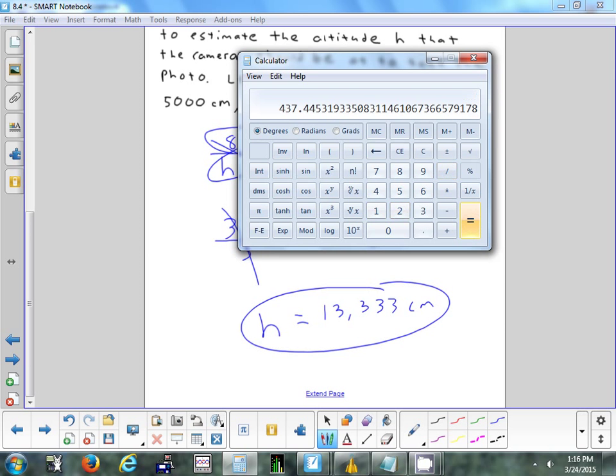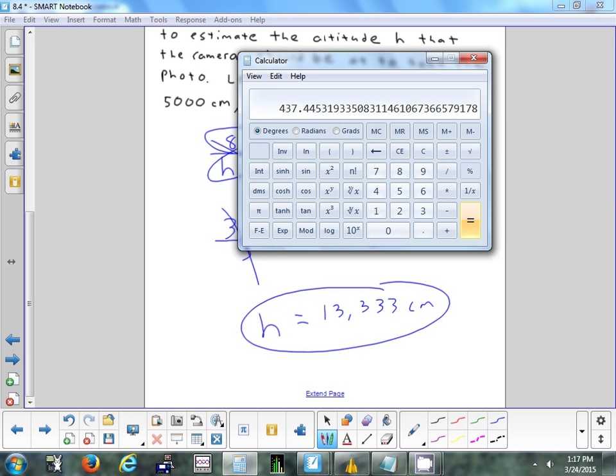Or roughly in feet, so it's pretty high. It's about 437 feet off the ground. How many meters? Because it's metric. I converted it using 2.54. It's a weird conversion, but I happen to know there's 2.54 centimeters per inch.